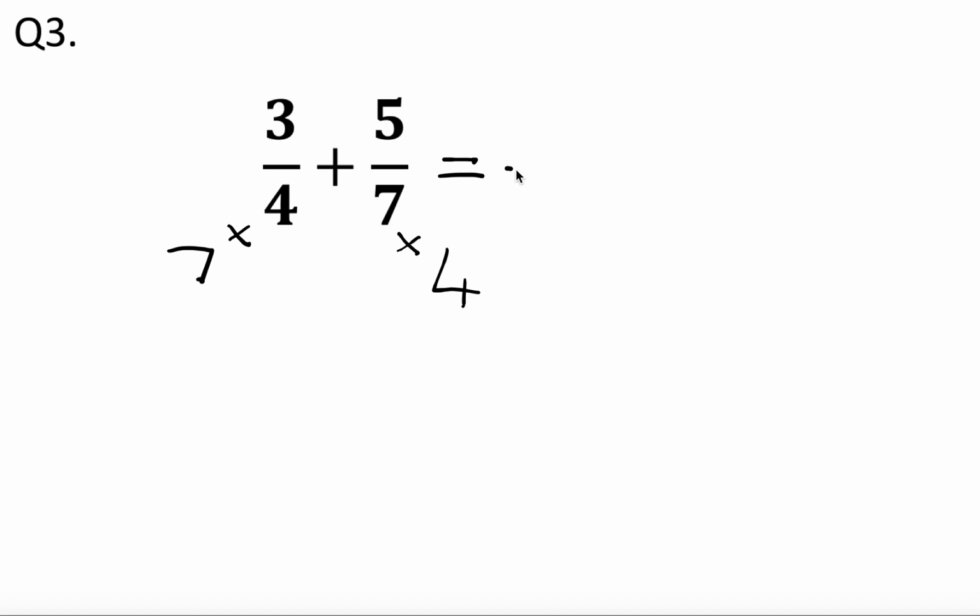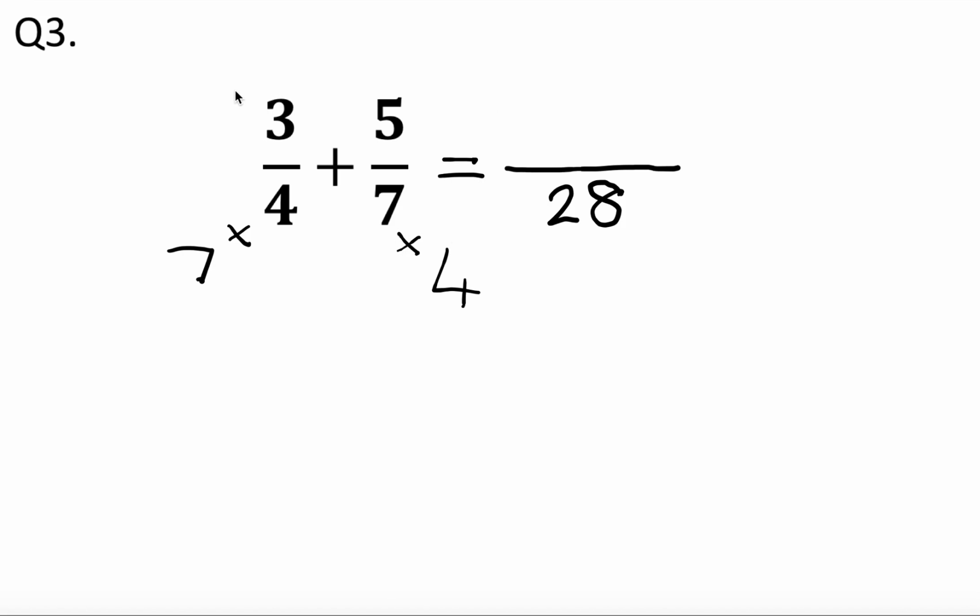So what we can do here is put a line over there, and we can put 28 as the denominator. But now we need to find out what the numerators are, which is the top part of the fraction. So whatever you do to the bottom, you've got to do to the top. You've got to do exactly the same.